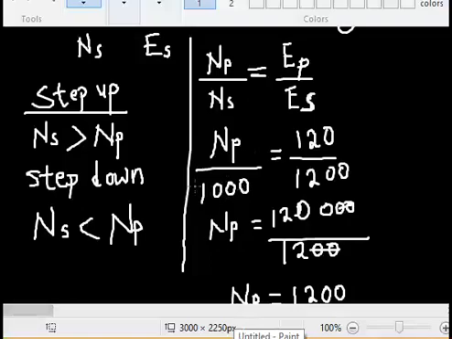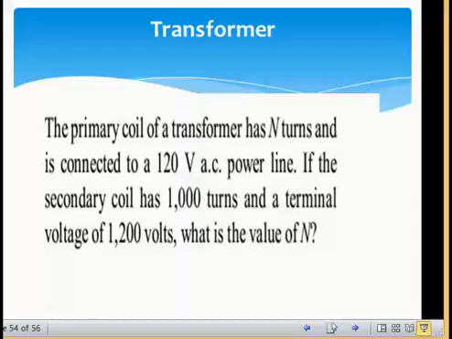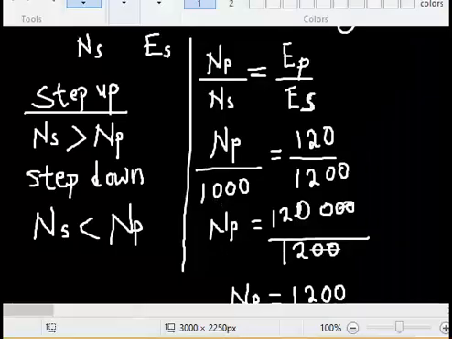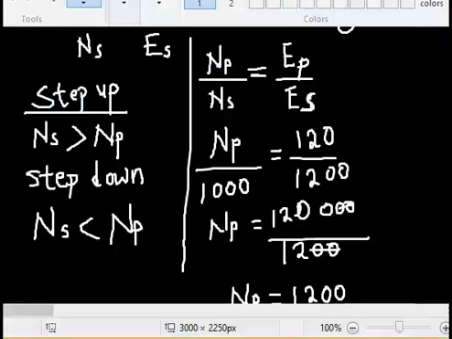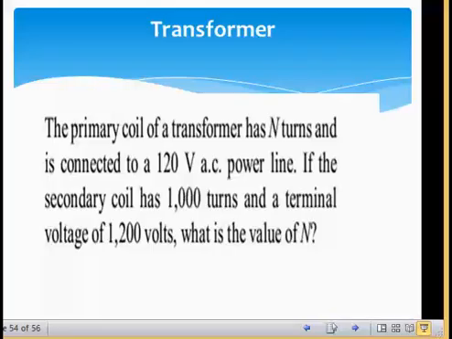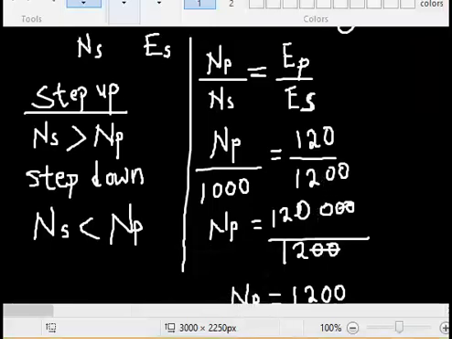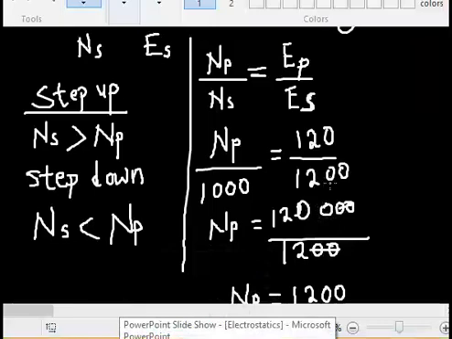NP, NS, number of turns of the secondary according to the question is 1000. I've written that. The primary EMF is 120. I've already written that. And the secondary EMF is 1200. I have written that.